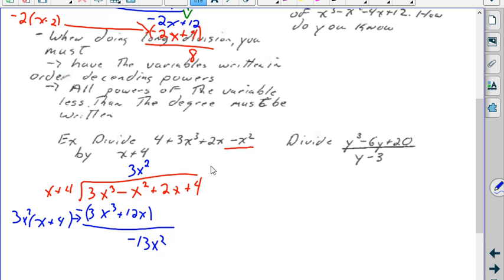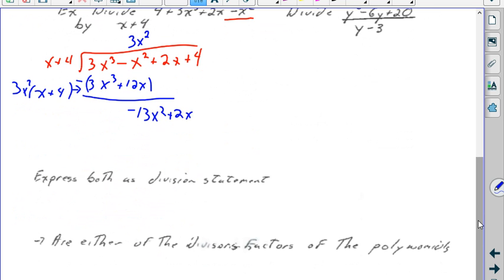I'm going to bring down the 2x. I could bring down the 4 also, but I don't really worry about it till later. All right, what times x gets me to negative 13x squared? Negative 13x. So I'm going to multiply that negative 13x by x plus 4 to get what gets taken away here.